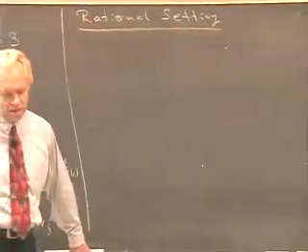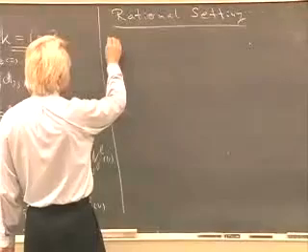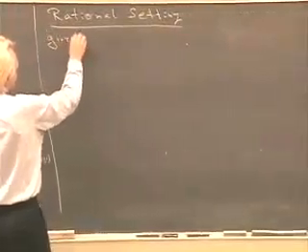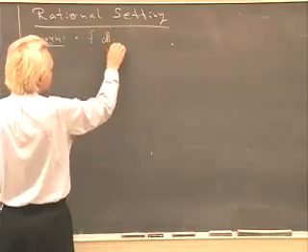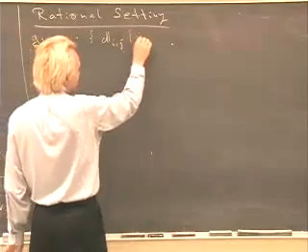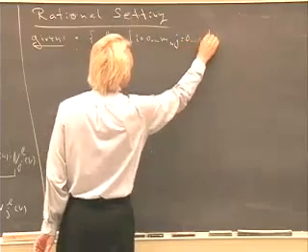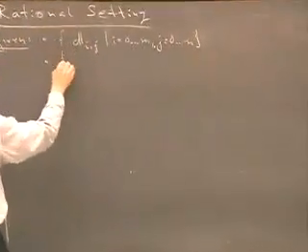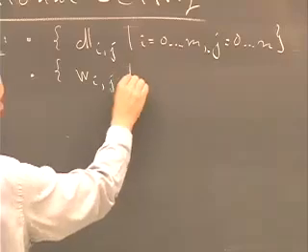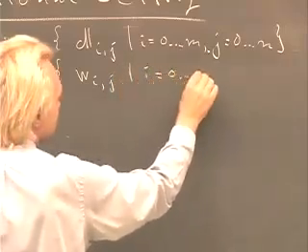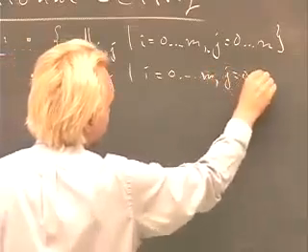What changes? The only thing that changes is the fact that we have weights. So in this setting, we have the control points still d i j, right? i from 0 to m and j from 0 to n. Plus we have weights, positive weights or zero weights, w i j, i from 0 to m and j from 0 to n.